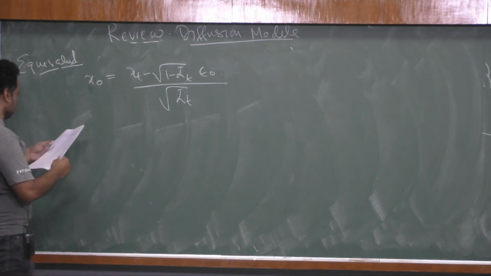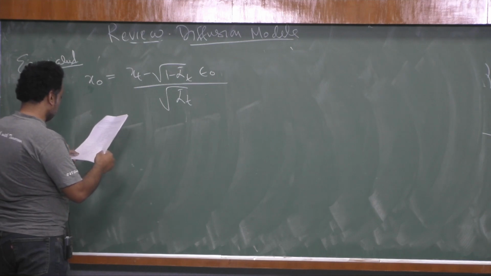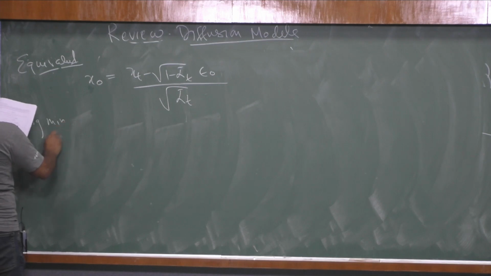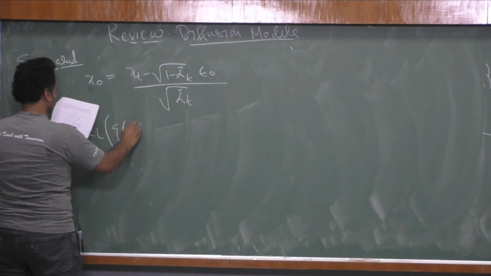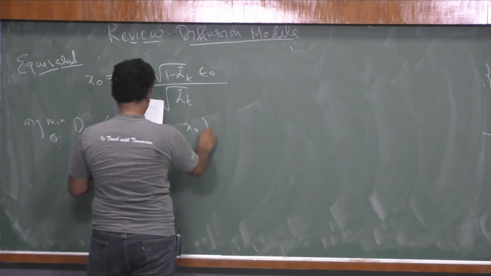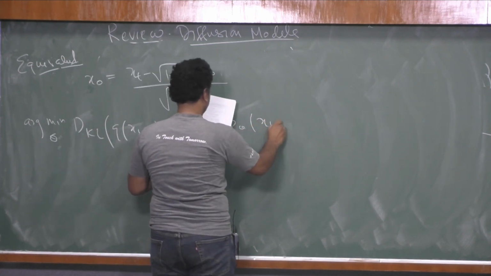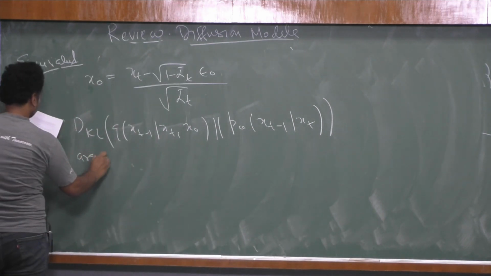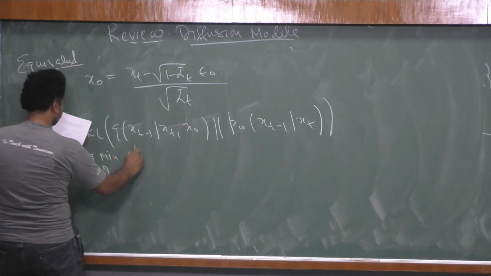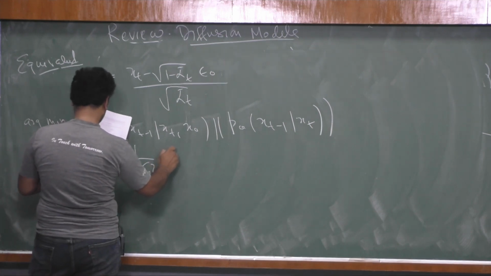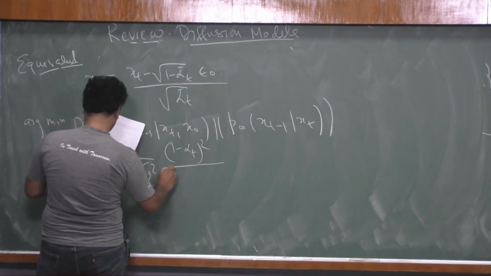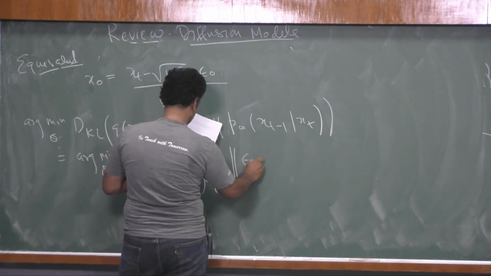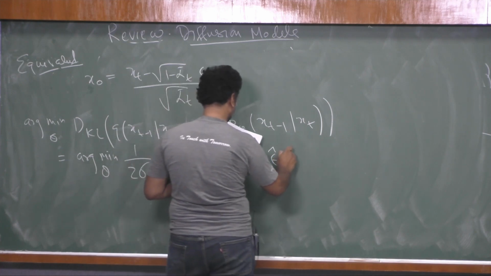With this choice of x0, what we found is that the argmin over theta of the KL divergence between q(xt minus 1 given xt, x0) and p theta(xt minus 1 given xt) became argmin over theta of 1 by 2 sigma q squared, times (1 minus alpha t) squared divided by (1 minus alpha bar t) alpha t, times the norm of epsilon naught minus epsilon hat theta.